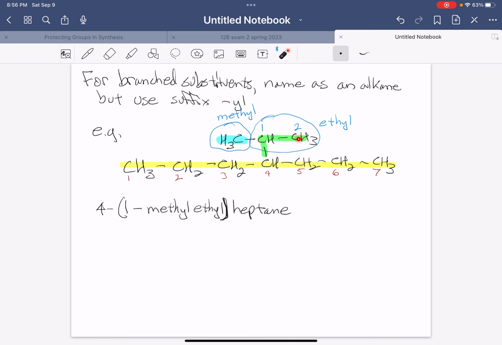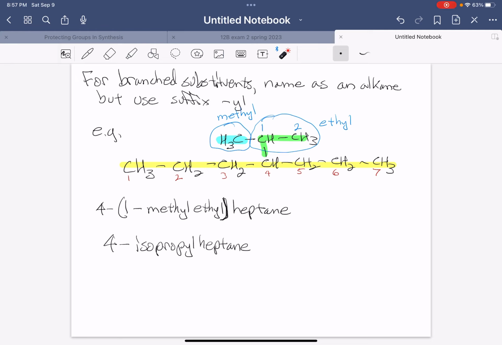Now, this 1-methylethyl group is also called, you may remember from the last lecture, an isopropyl group. So this would be 4-isopropylheptane. And technically, the 1-methylethyl is the correct way to write it.